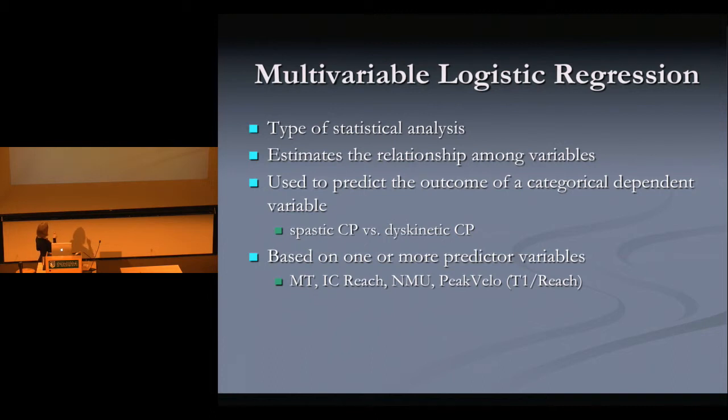So we had movement time, an index of curvature during reach, total number of movement units, and the ratio of transport to reach peak velocities. And using a logistic function, the probabilities describing the possible outcomes for a single trial are modeled as a function of the explanatory or predictor variables. Basically, you want a model with predicted values that match your observed values as closely as possible.